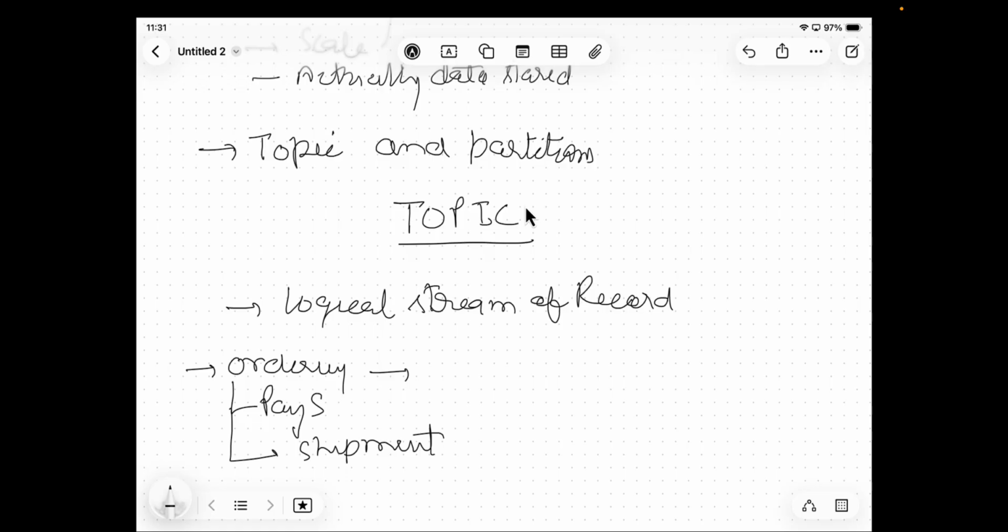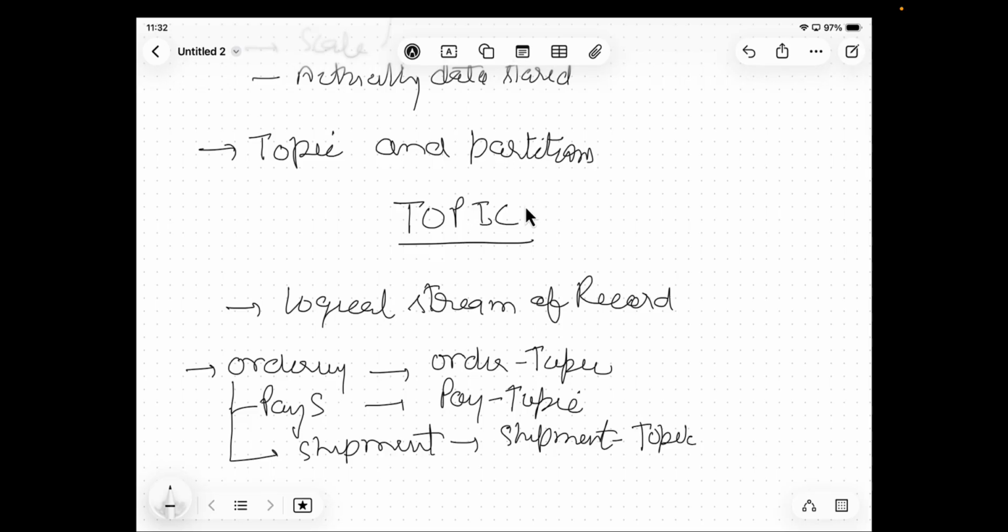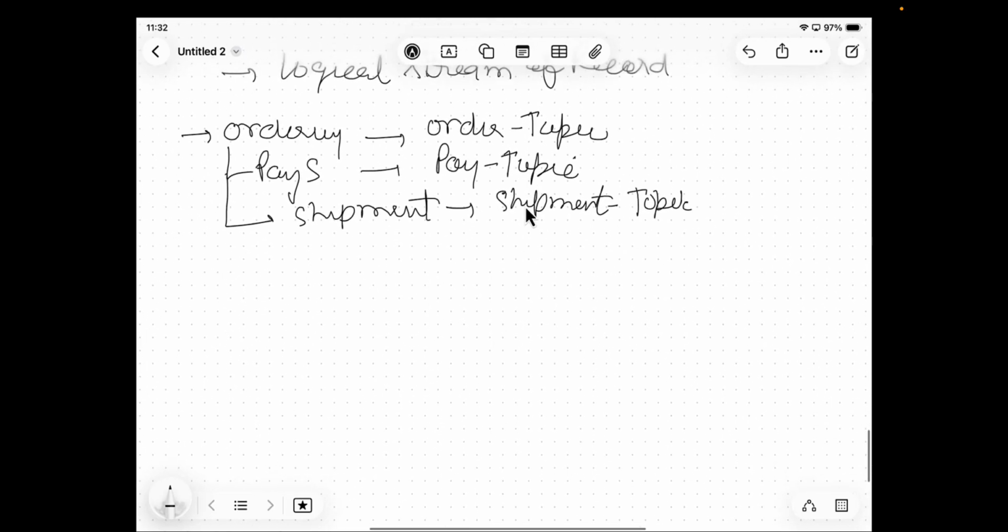So order events come in the order topic. In the same way, payment events come in the payment topic. In the same way, shipment events come in the shipment topic, right? So each of these is a topic.